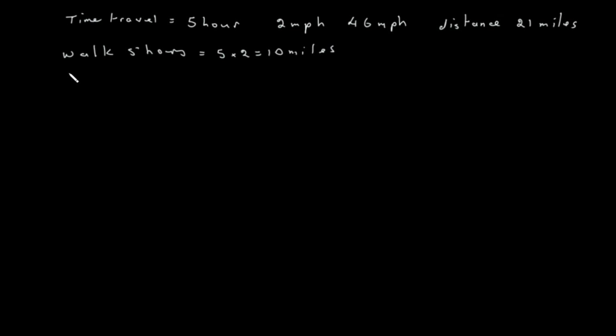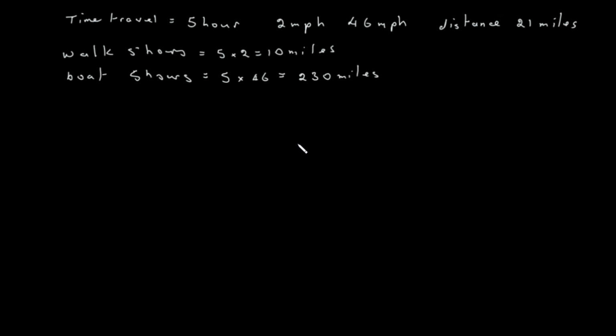If we go by boat all the way for 5 hours, the distance travelled is 5 times 46. Now 5 is half of 10. 10 times 46 is 460. That's half of 460. 230 miles.